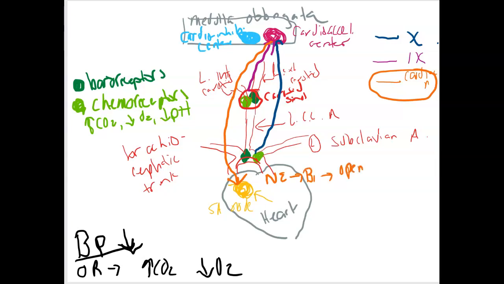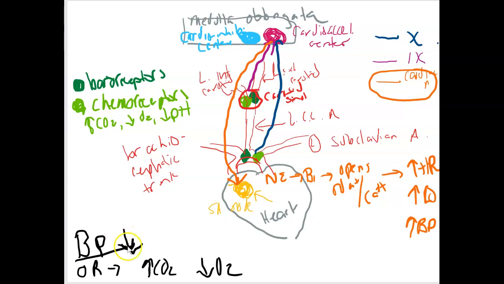And when that happens, that's going to open both sodium and calcium channels, and that's going to ultimately increase your heart rate, which increases your cardiac output, which increases your blood pressure, and now you fix the situation. So I don't know if drawing it was helpful or not, but I think it would be something good for you to do as well, so you can kind of put all of this together.